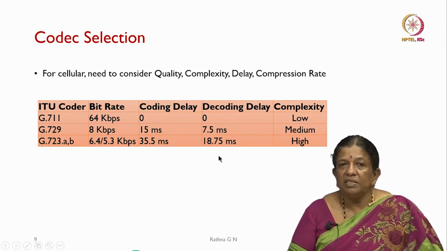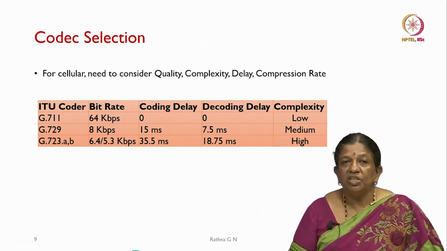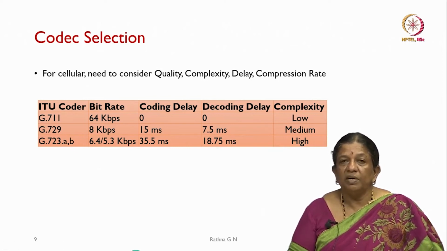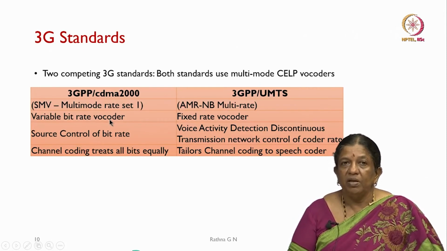So, one has to accept a trade-off, depending on which coding technique you want to use in your work. If you do not want to have any delay, then you can use G.711, fine.